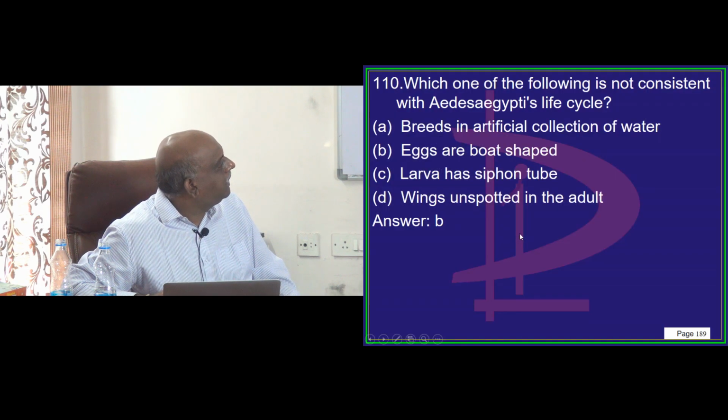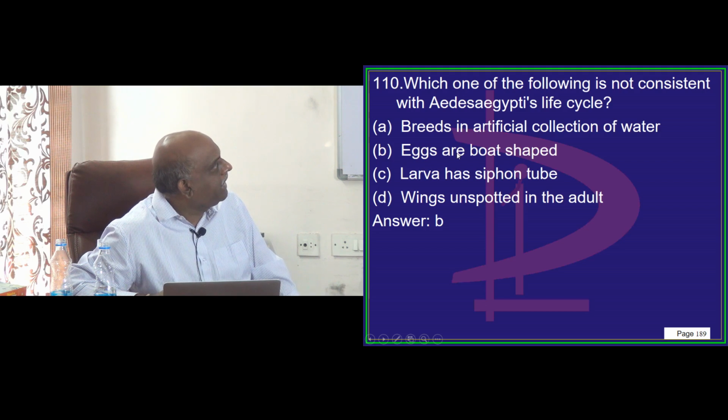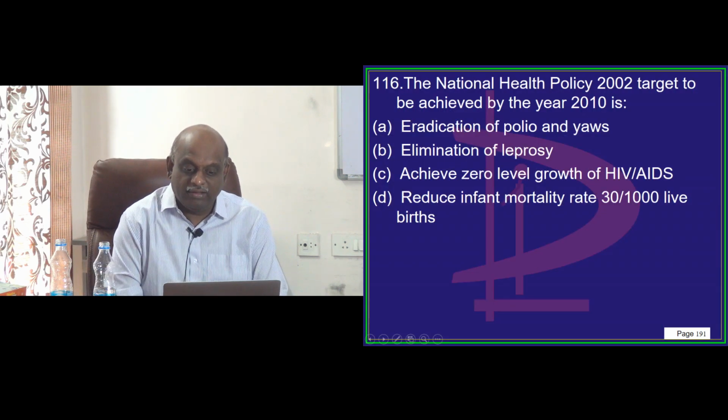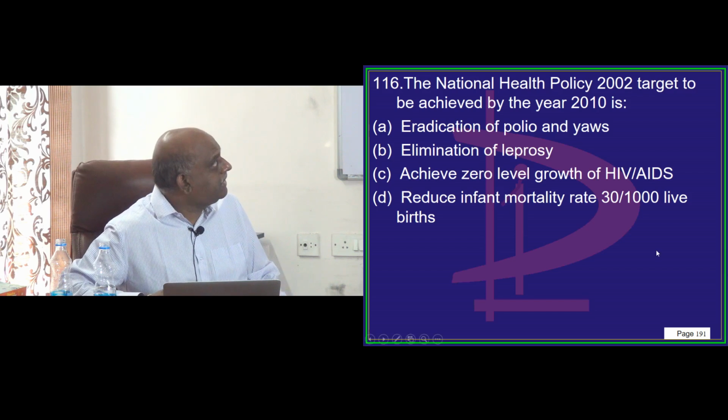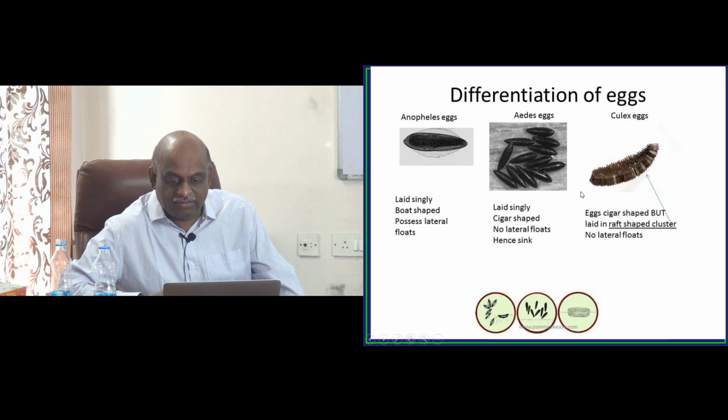So, XR boat shaped is not Aedes. XR boat shaped is NO plus is what you have to remember. Okay, doctor? Sushmita answered B only, no? XR boat shaped is not consistent. Is a correct answer, right?